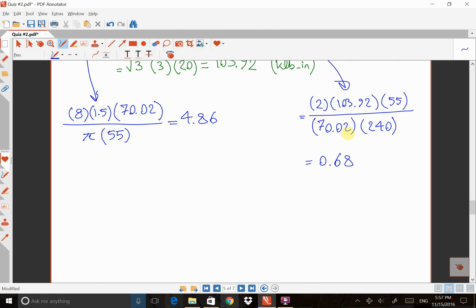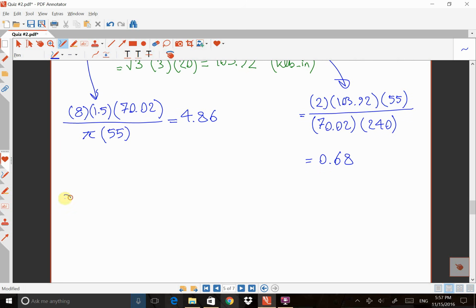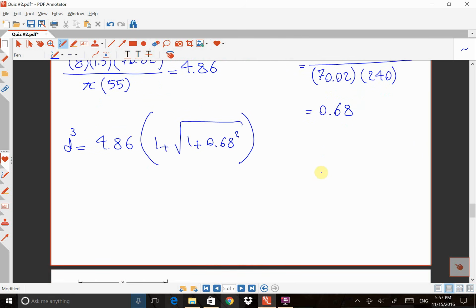So once I get these two, I can come to the equation. The equation says d cubed is equal to 486 times (1 plus square root of 1 plus 8 to the power of 2), and this is that.